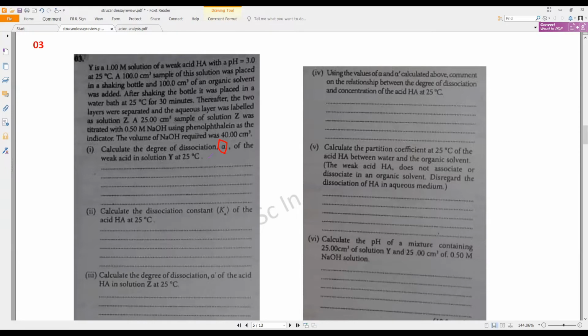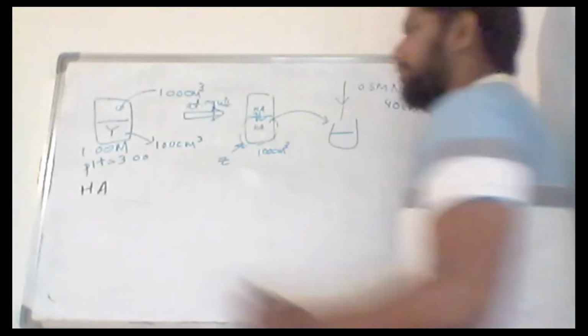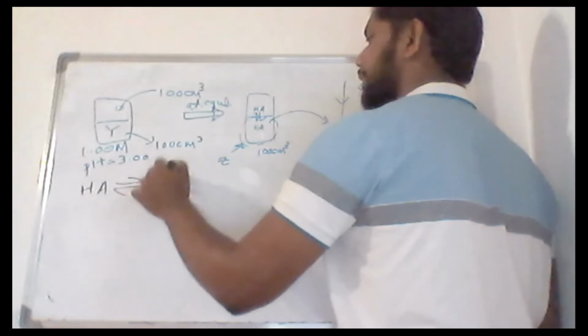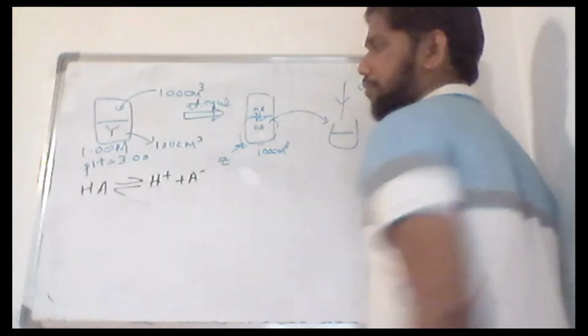So you have HA acid, which is going to dissociate into H plus and A minus.